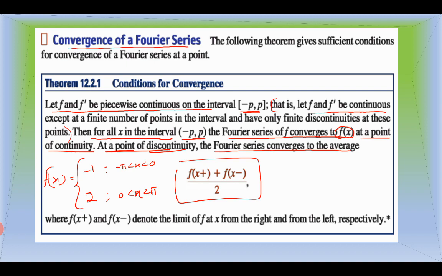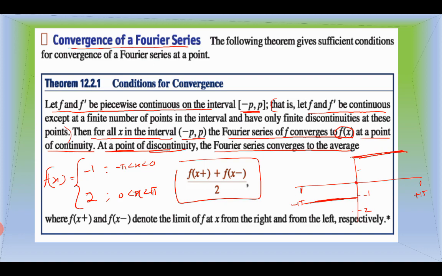When you draw the graph on the xy plane, negative 1 is here, positive 2 is here, this is negative pi and this is positive pi.